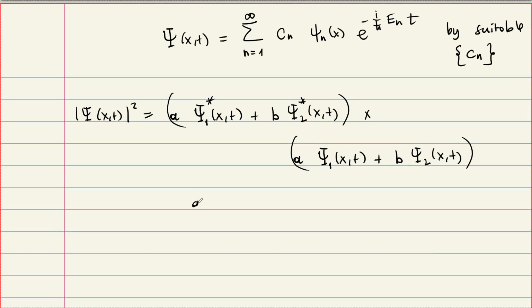Here there is e to the minus i over h bar E1 times t, and because of complex conjugation, I need to make it plus.